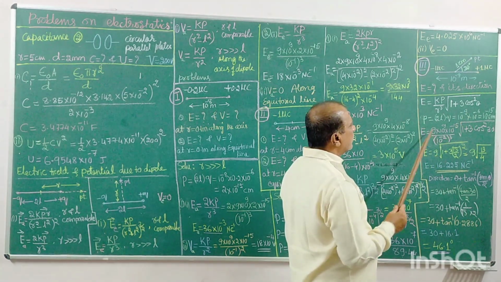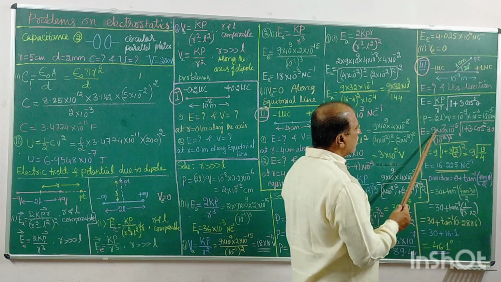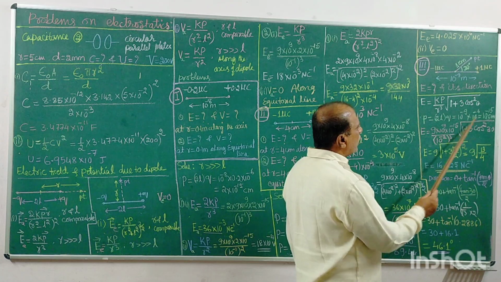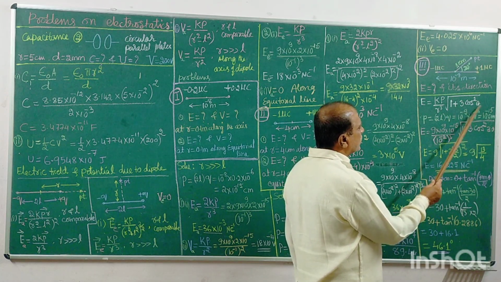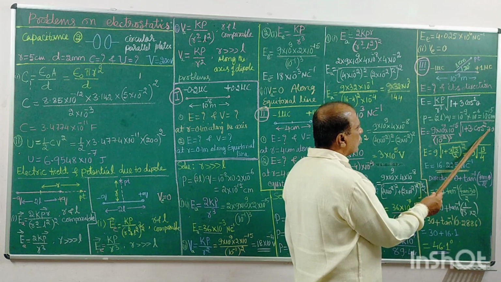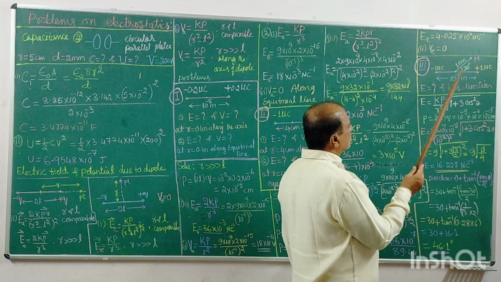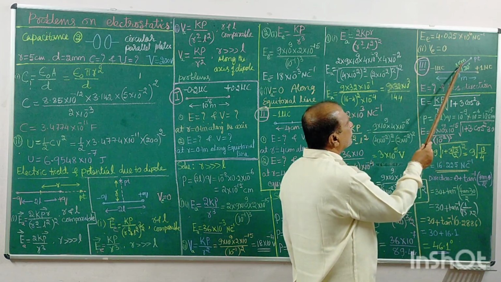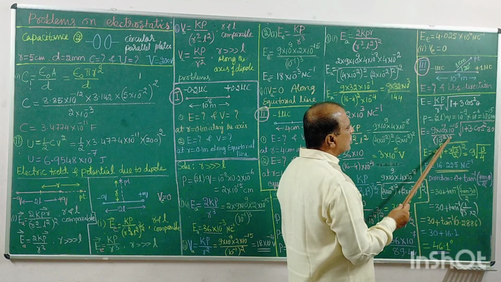Then calculate E in the equation. Substitute the value of K, the value of p, 10 to the power of minus 15, into square root of 1 plus 3 cos square 30. Theta is 30 degree. And r cube, what is r? r is 1 centimeter, which is 10 to the power of minus 2 meter, whole cube.